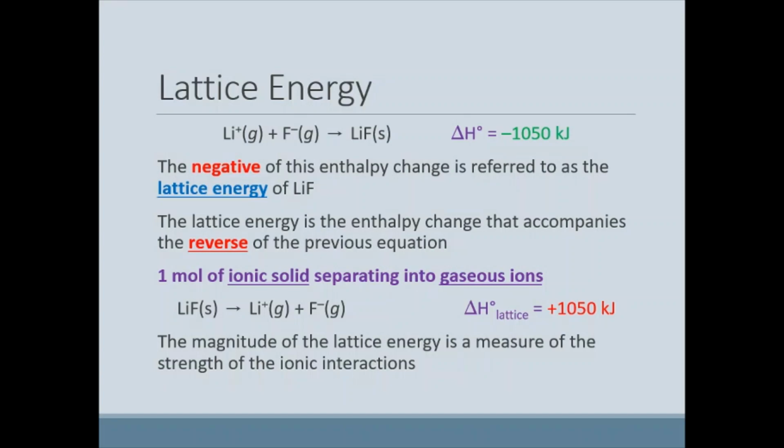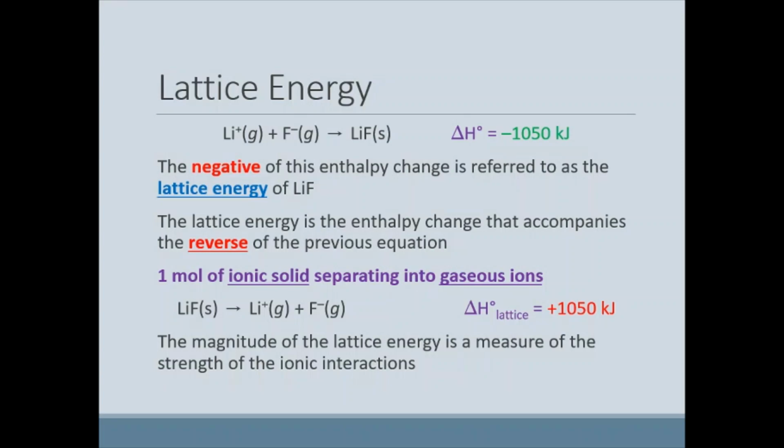And so, one thing you have to notice about lattice energy, and why I put it in big red bold letters here, is the lattice energy is technically the negative of the enthalpy change that I talked about on the previous slide. And so on the previous slide, I have lithium plus gas plus F minus gas gives you lithium fluoride solid.